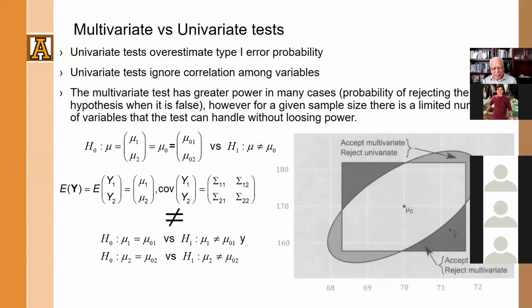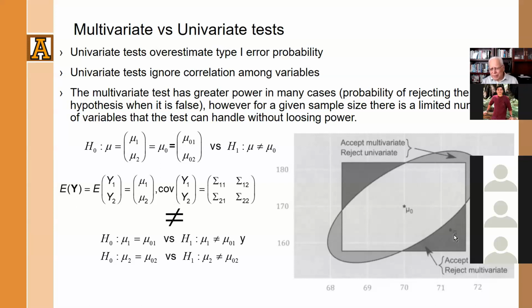Since we have two-sided alternatives, it's equivalent to building a confidence interval. So now you can see here in this picture, this is the value of mu given the null hypothesis.